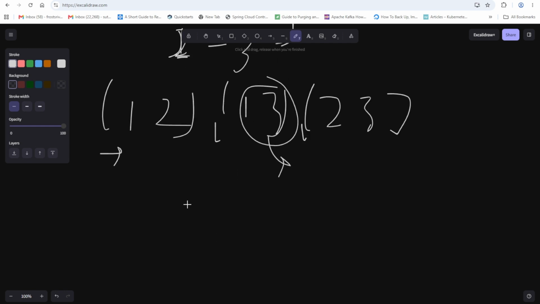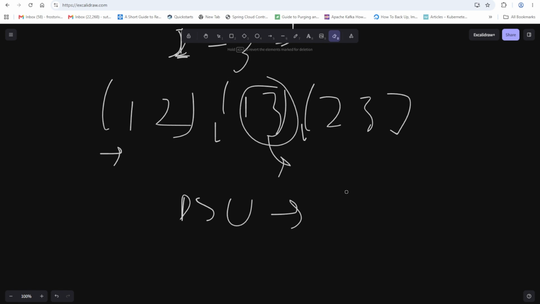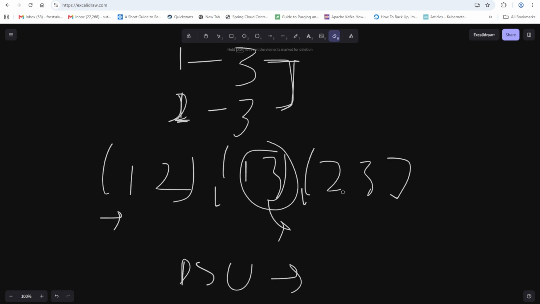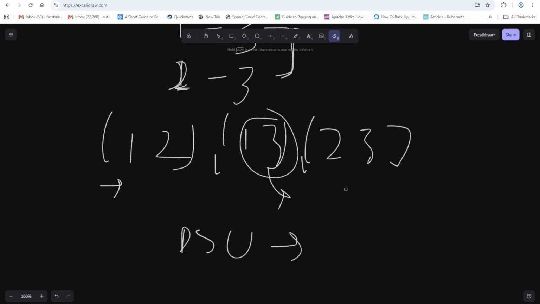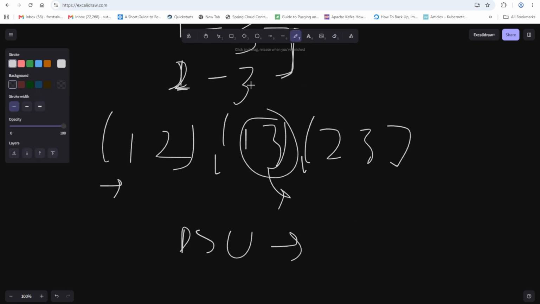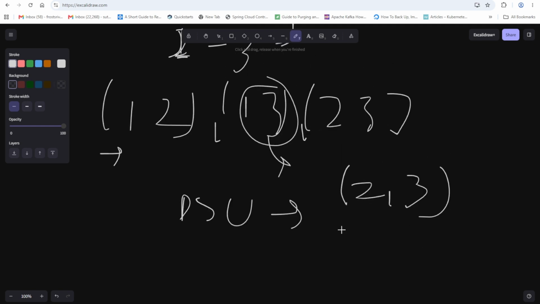If the DSU operation still gives us a cycle, it means since we have skipped 1 comma 3 and still got the cycle, 2 comma 3 was our extra edge, right? Like this we can find it.